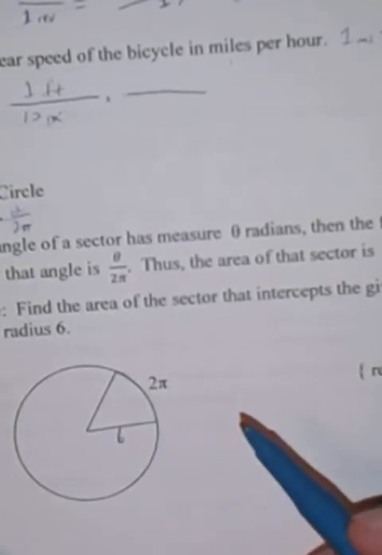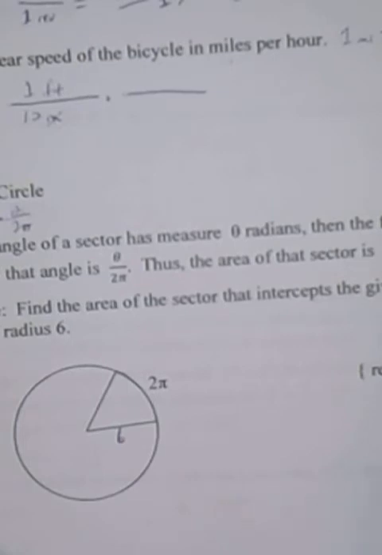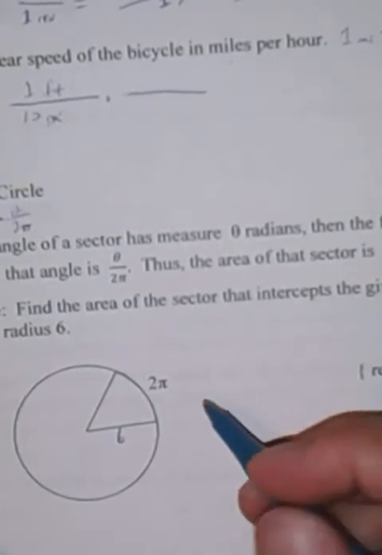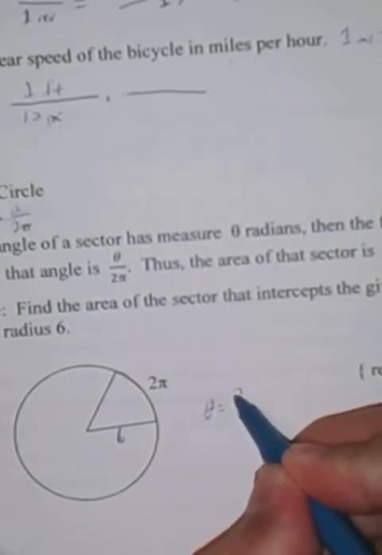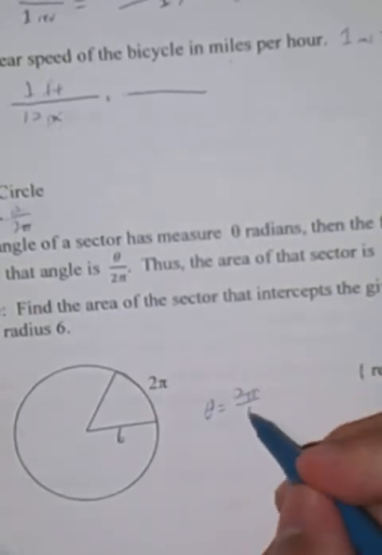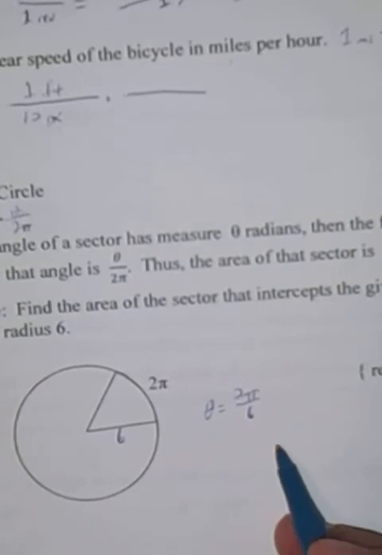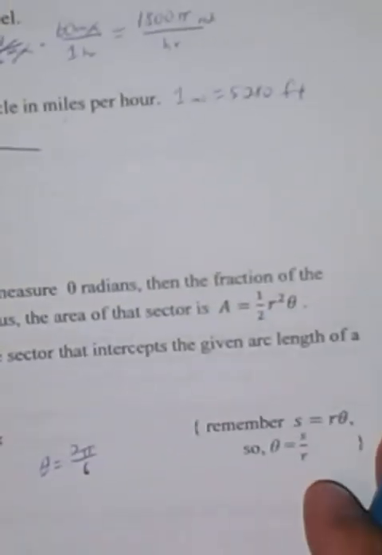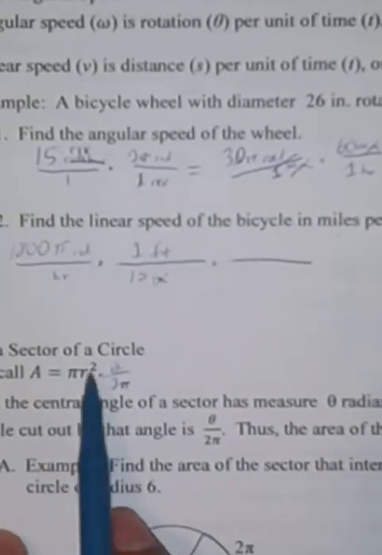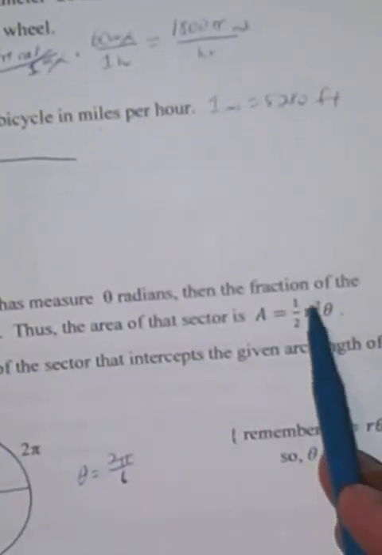That's the theta over 2 pi. So our theta is 2 pi over 6. That's our theta. So if we look at our formula, I'll use this formula. We can do it this way. Doesn't matter.